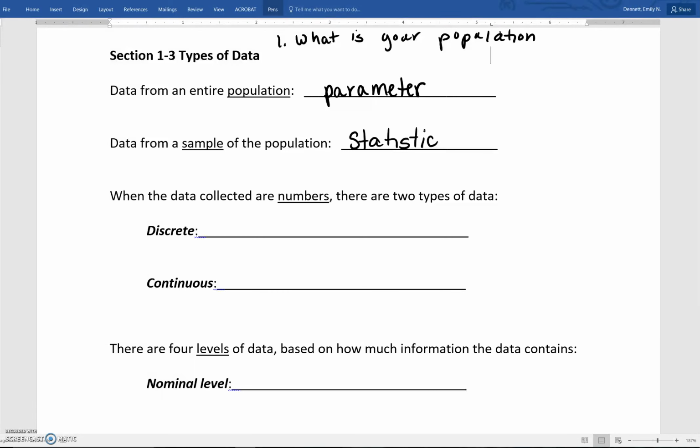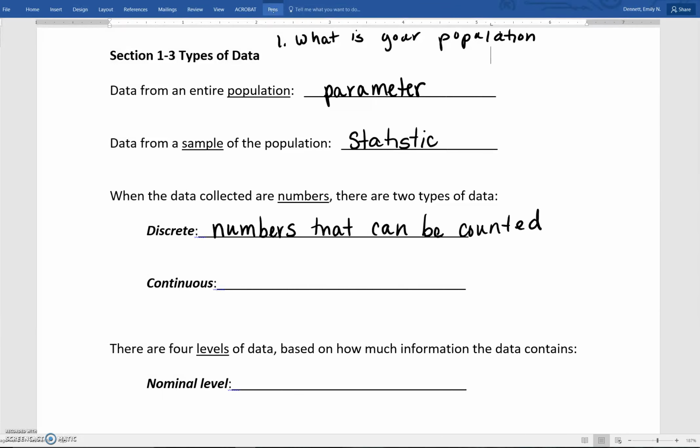Now, when we collect data that are numbers, so numerical data, we can have two different types. The first type is discrete, and discrete numbers are numbers that can be counted. We normally think of this as things that don't have parts or decimals or fractions.